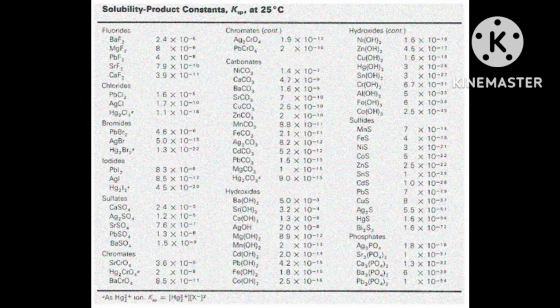Here, 10 to the power minus 15 is more than 10 to the power minus 17. Hence nickel hydroxide will dissolve more. Solubility is more for nickel hydroxide because its solubility product value is more, 10 to the minus 15, and AgCN is minus 17.